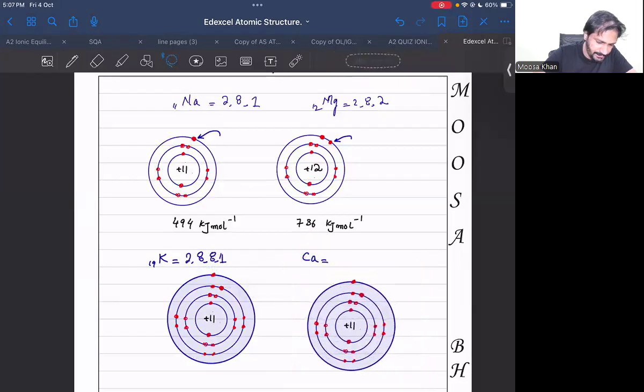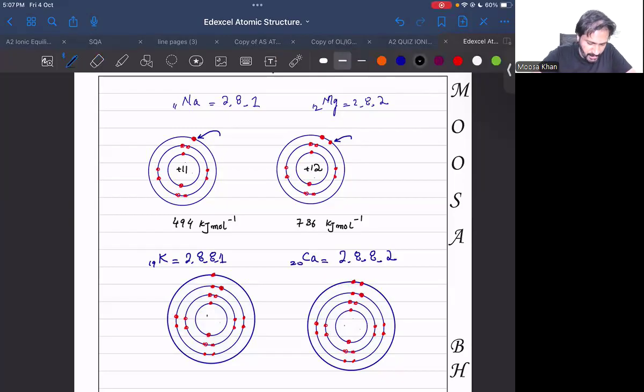Now for calcium, the valence shell has 2 electrons. The electronic configuration of calcium is 2, 8, 8, 2 because the total number of electrons is 20. If you see their nuclear charges, potassium has 19 protons and calcium has 20 protons.